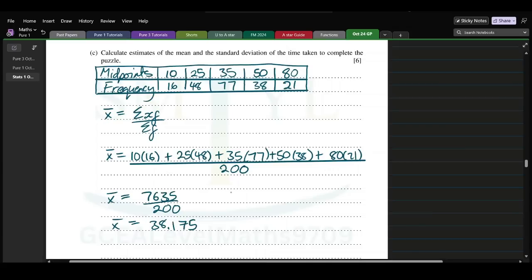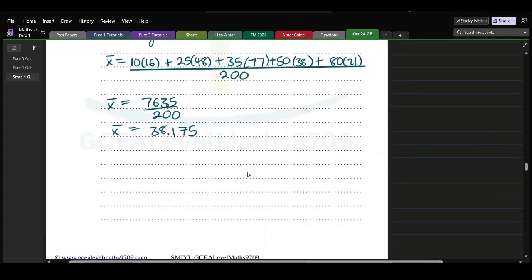This is our mean. Now we need to find our standard deviation.